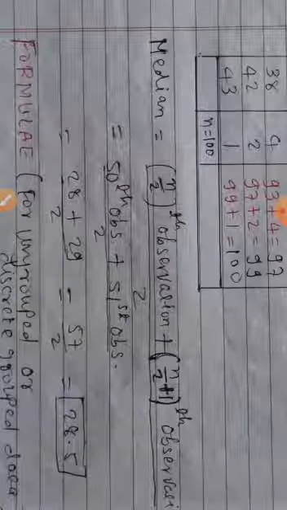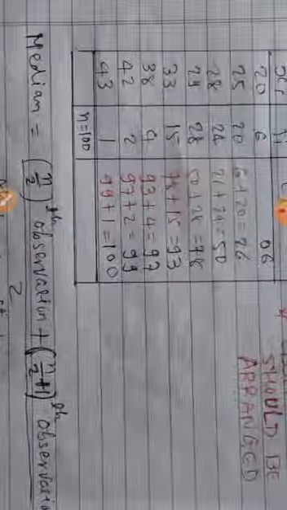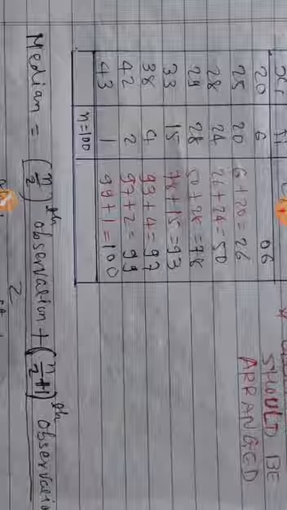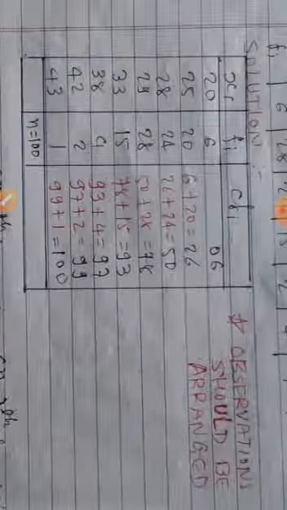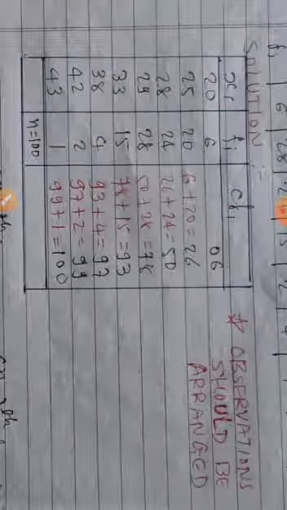In mode, these types of questions are not asked, and if asked then you can very easily give the answer. If this type of data is given to you and you are asked to find the mode, now actually our topic is the median, but at this time we talk about mode also. Here you can very easily say 29 is the mode. Why? Because 29 repeats the most, 28 times.